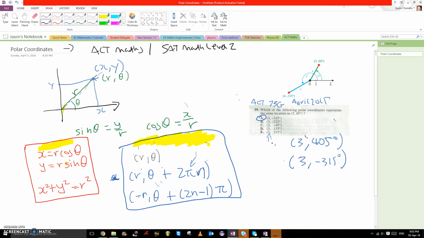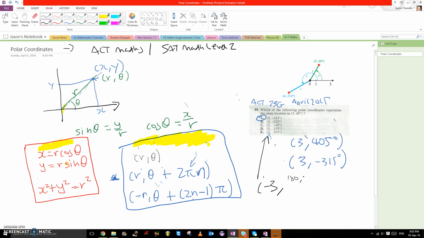So if there's an example with a negative r, like minus 3, we know that n has to go up in odd numbers, right? (2n minus 1) pi: when n equals 1, it's pi, and when n equals 2, it's 3 pi, so it goes up in terms of pi.